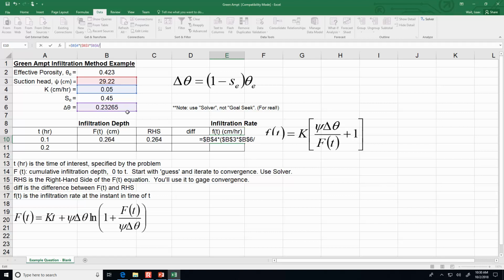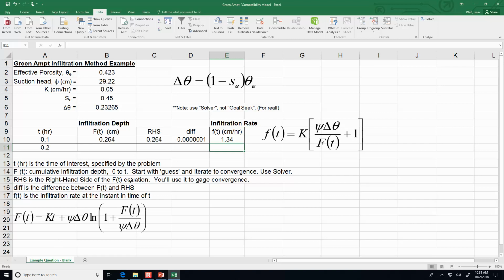Divided by our infiltration depth at this point in time, plus 1. So here's our infiltration rate.